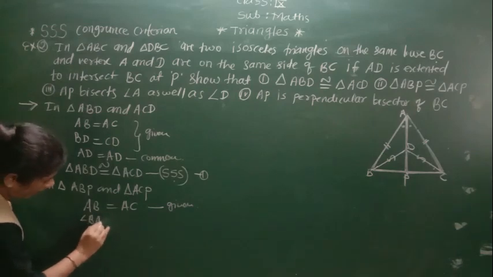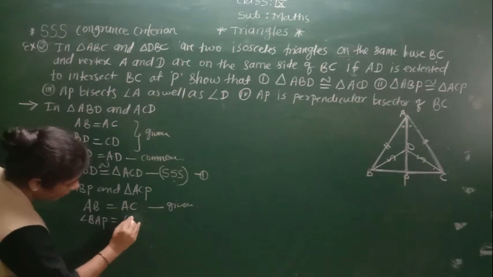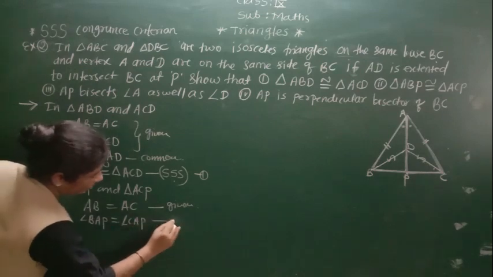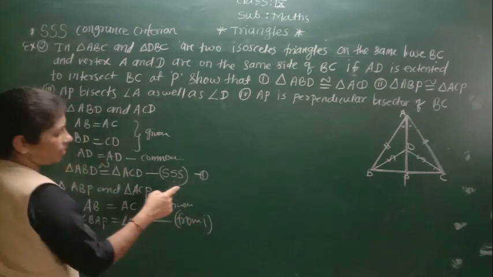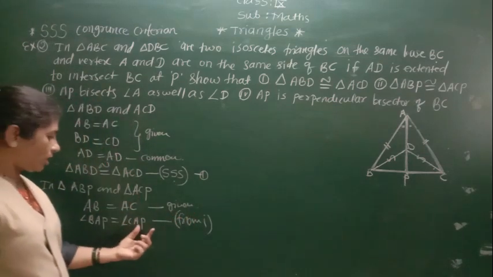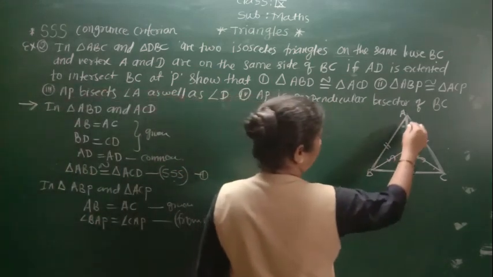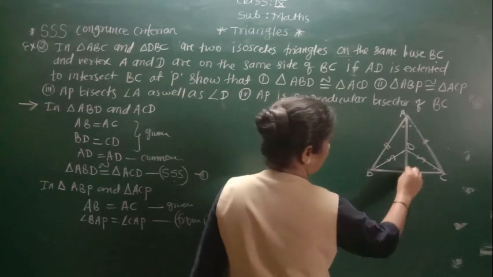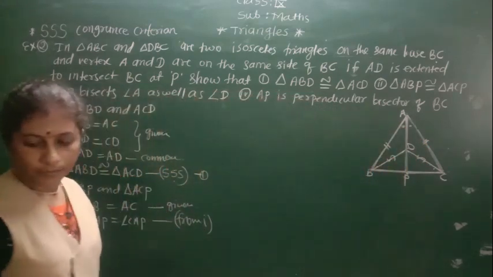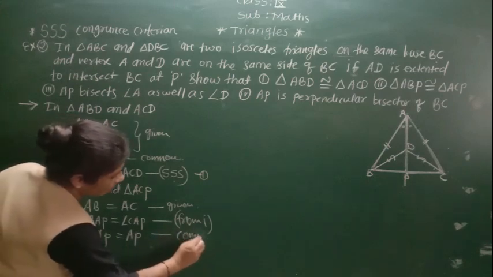Angle BAP equals angle CAP. The reason we will write from the first, which means when these two triangles are congruent, this is the corresponding part of that congruent triangle. Also what? AP equals AP, which is common for us.